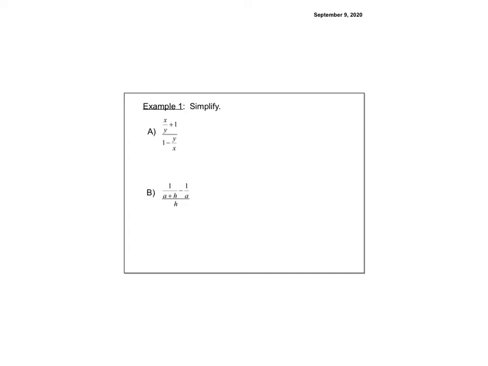All right, so this next one here, let's just work with the numerator and let's work with the denominator. When we work with the numerator up here, we've got x over y plus 1 over something.